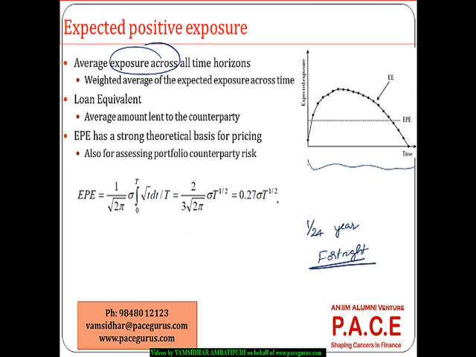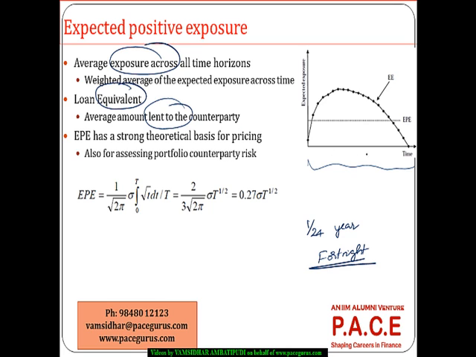I am looking at it as a loan equivalent because, on average, this is the amount of loan lent to the counterparty. So this comes out to be the expected positive exposure.